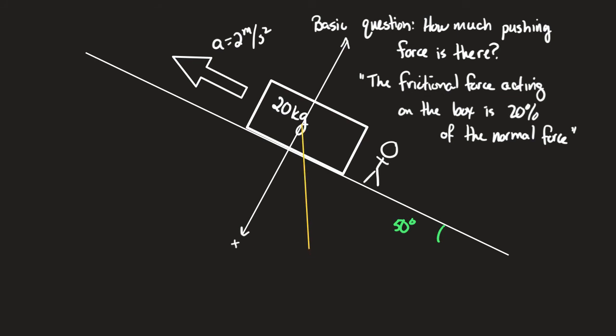So if this is the weight of the box, the angle goes between those two. Okay? You're welcome. Is there any other questions before I jump into one of the other rooms?